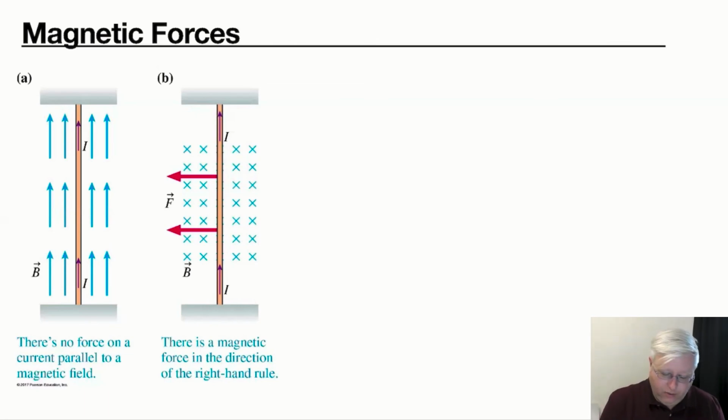Okay, and so we said that the force exerted by a magnetic field on a charge was the charge times the velocity of the charge, cross product with the magnetic field. And so that was for charges, right? How we find the force on a charge. So we can come up with a way to find the force on a current carrying wire.